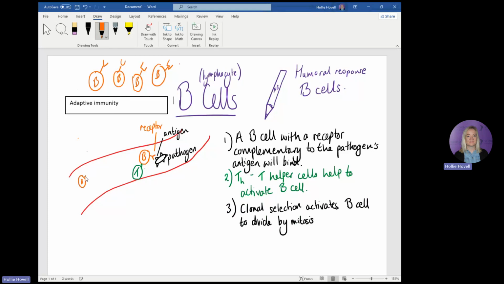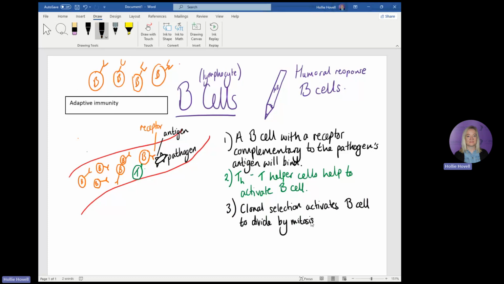So we're going to have lots of B cells there. Whereas before we had a whole mix of B cells, we now, obviously we've still got those other ones, they haven't disappeared, but we have got loads and loads of B cells that have this specific receptor on them. Okay, so clonal selection activates the B cell to divide by mitosis.